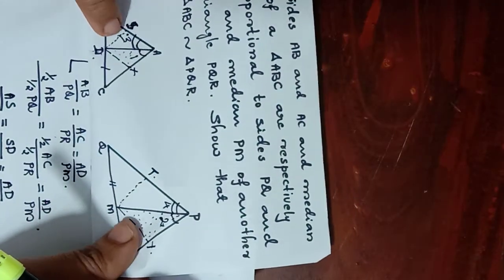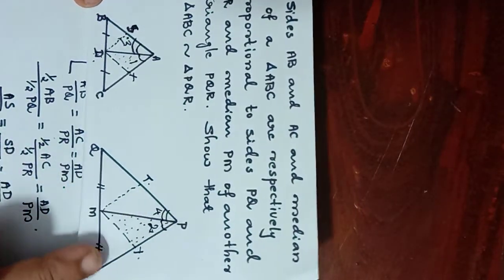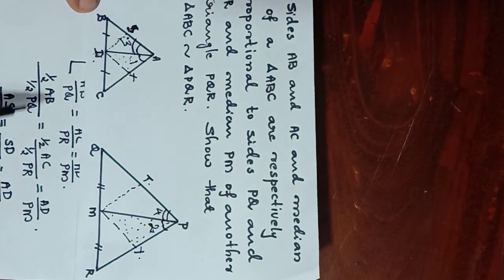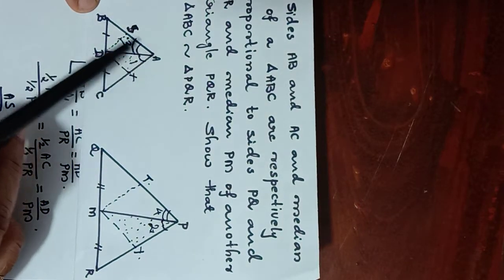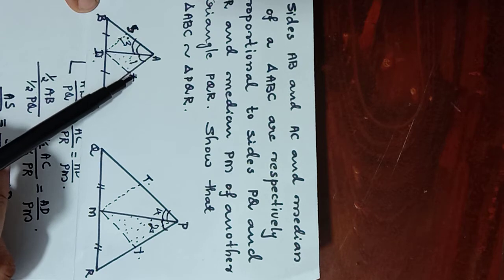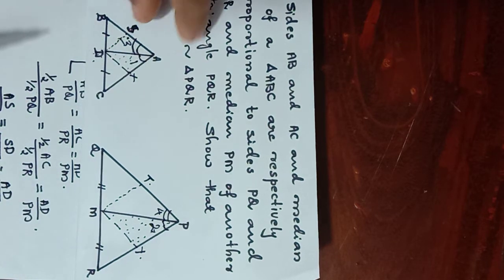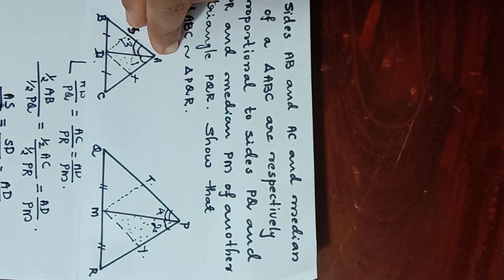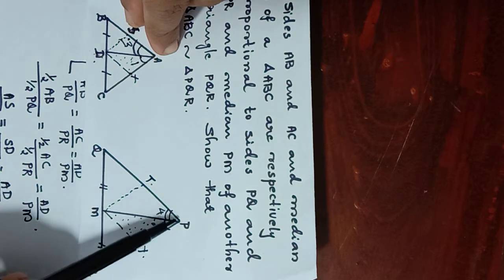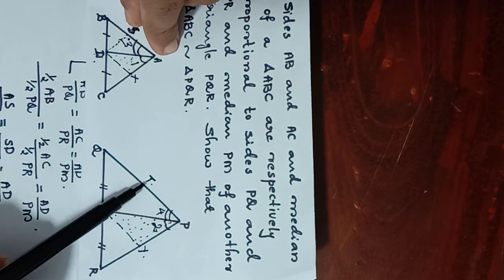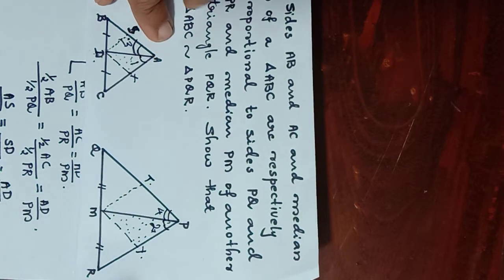Here you can see, children, this is the figure. Okay, so see the figure, half AB. Half of AB is AS. AS is half of AB. Half of PQ is PT. PQ's half is PT because T is the midpoint.